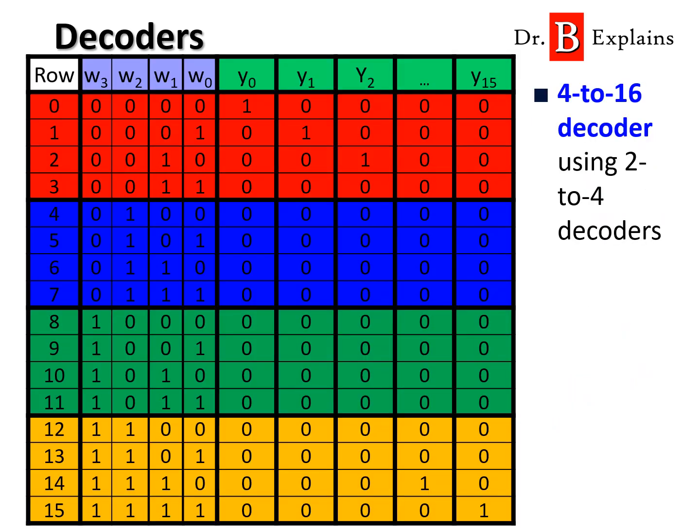So what about another example, where we design a 4 to 16 decoder using the 2 to 4 decoders. It's going to be similar to the previous one. Now in this case, we don't have 8 rows, we have 16 rows, right? So we have 16 from 0 to 15, that means 16 rows.